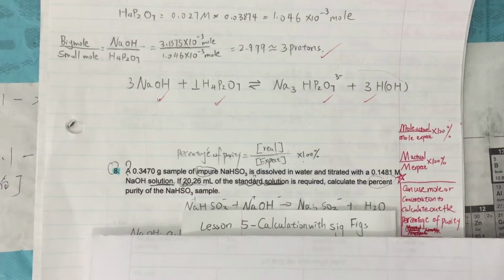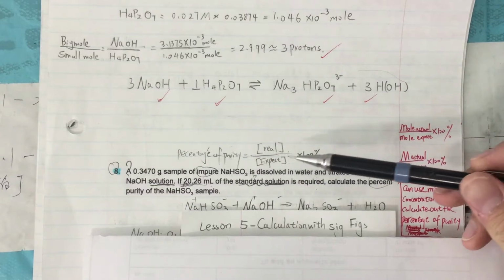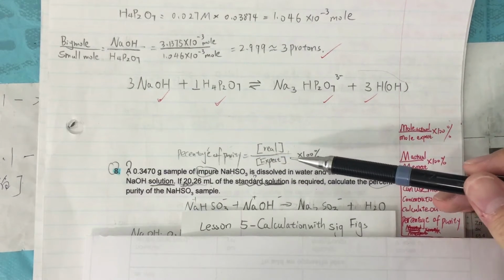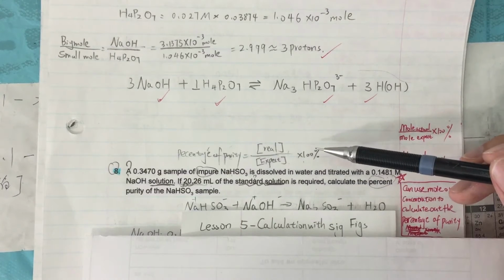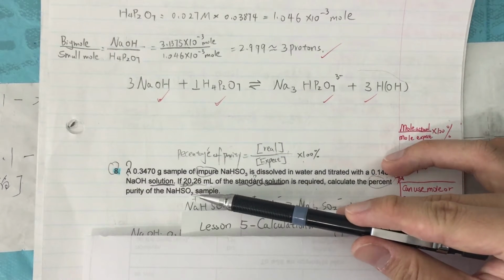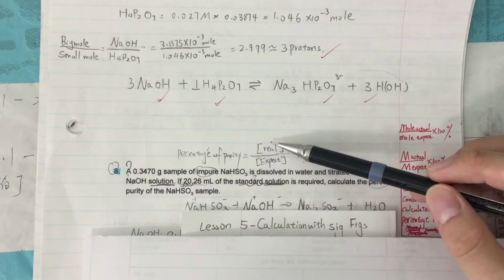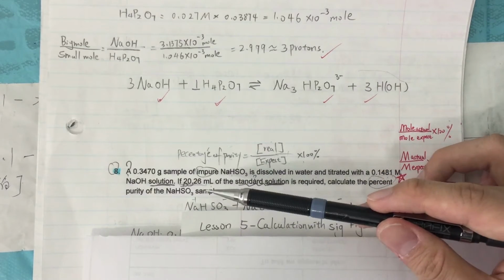How can we calculate that? You have to be familiar with the percentage of purity formula, which is the real concentration divided by the expected concentration times 100%. In this case, we're going to find the NaHSO3.